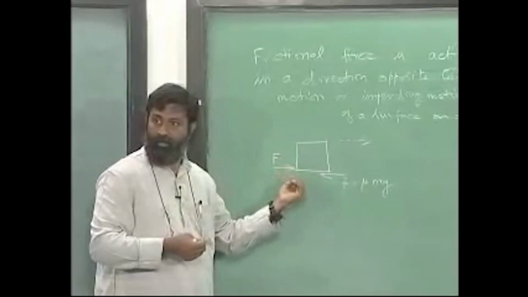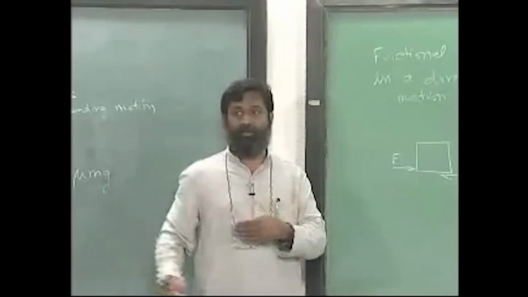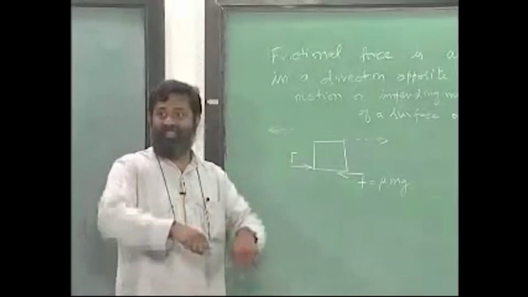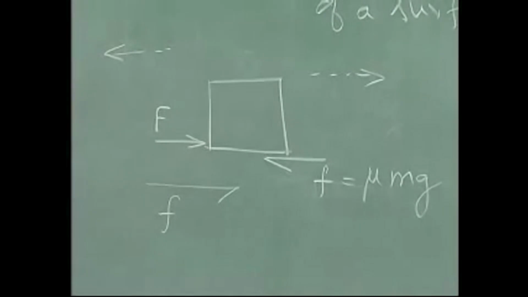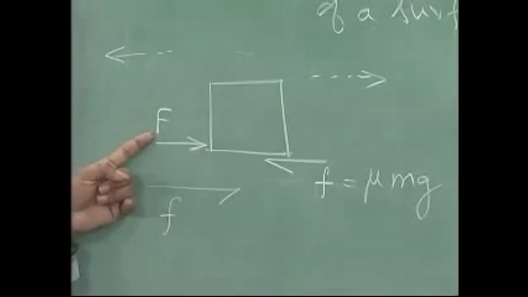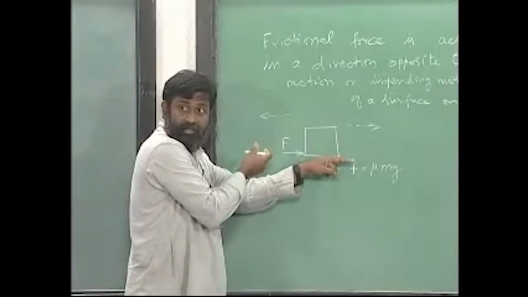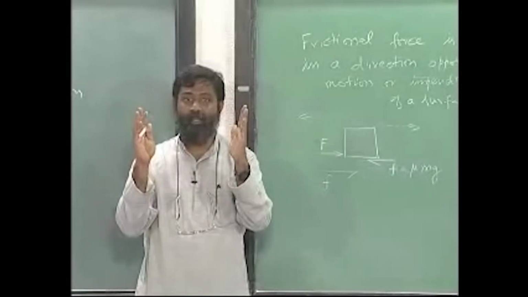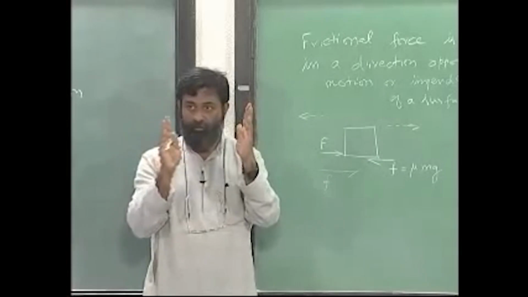Remember, when I pull it, again once I reach an impending motion in the opposite direction, then F equals mu mg will act in this direction, okay, and this should be understood, which means between a force that reaches mu mg in this direction and a force that reaches mu mg in this direction, the body is in static equilibrium and the frictional force changes from positive value to negative value.